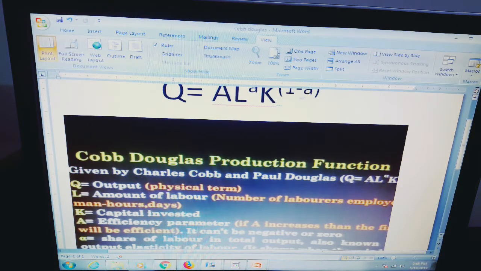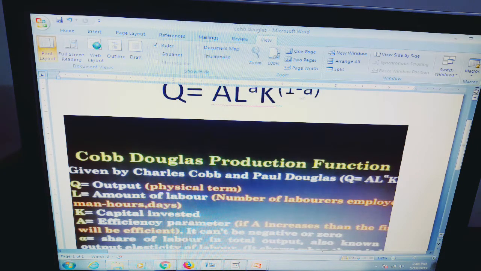How much did capital contribute? Supposing we manufacture 1000 units. What was the contribution of labor in that production of 1000 units? That is denoted by the power a, the small a. And what was the contribution of the capital? That is the power 1 minus a.